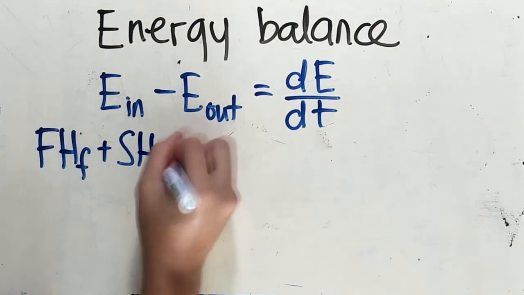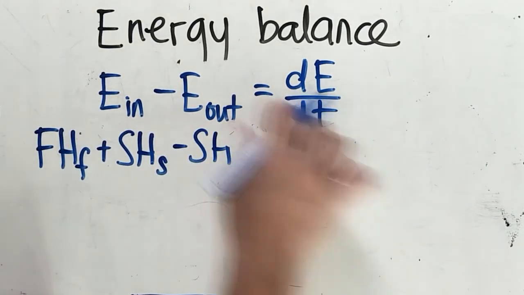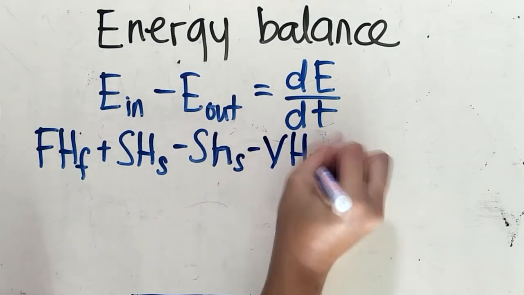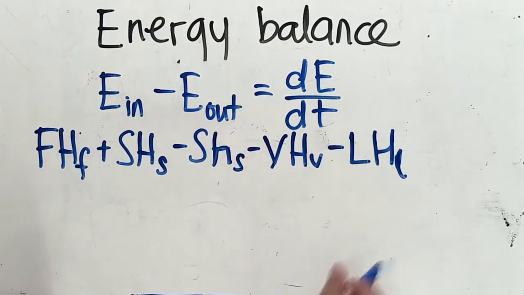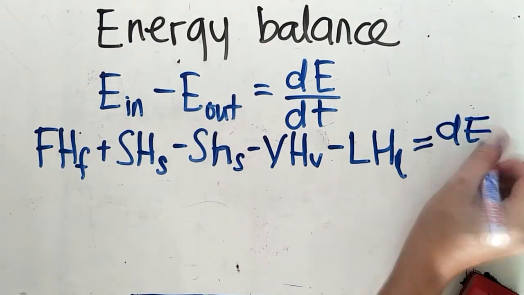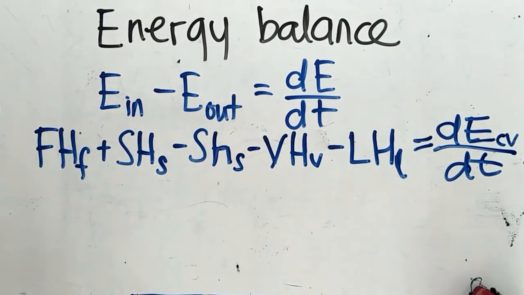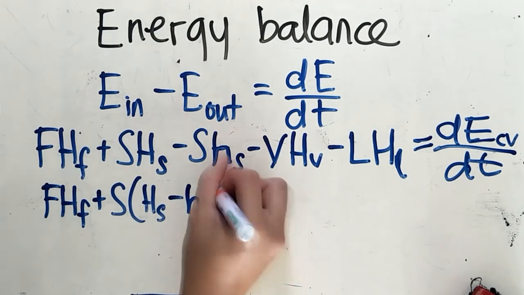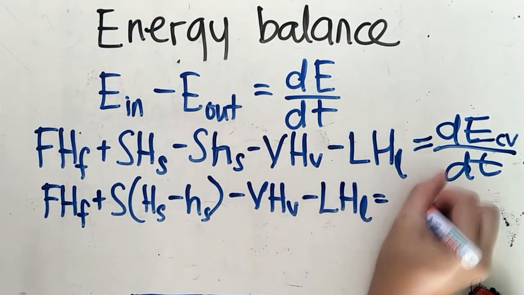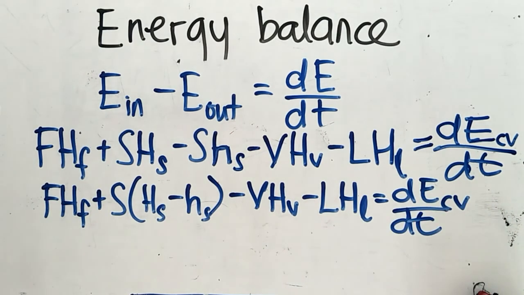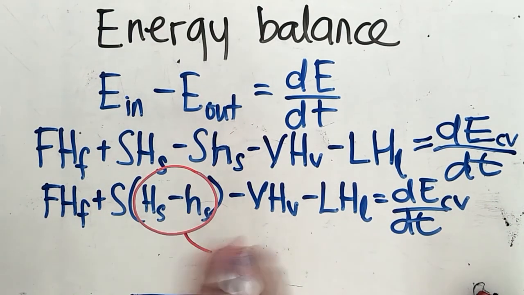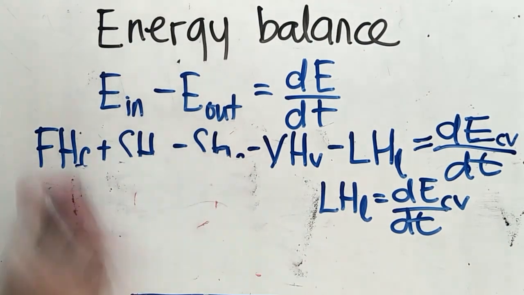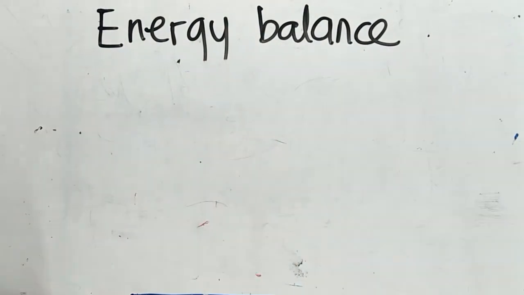Substituting in, FHF plus S capital HS minus S small hs minus VHV minus LHL equal to dE CV over dt. Steam input flow rate is the same as steam output flow rate, so FHF plus S times (capital HS minus small hs) minus VHV minus LHL is equal to dE CV over dt.